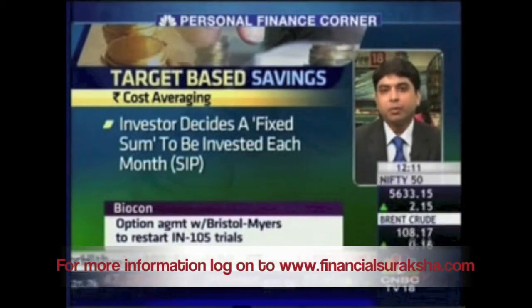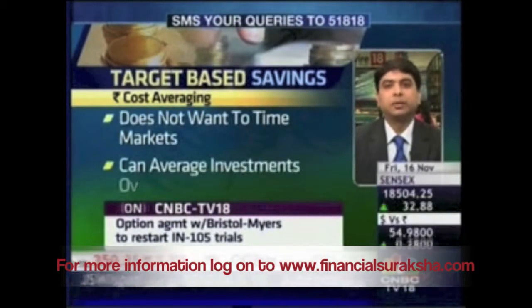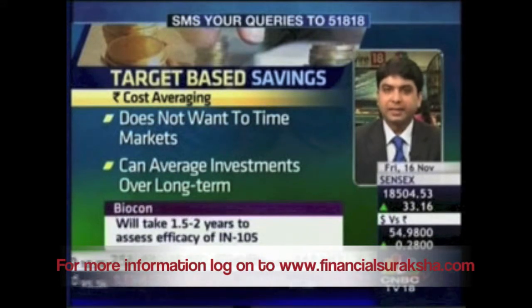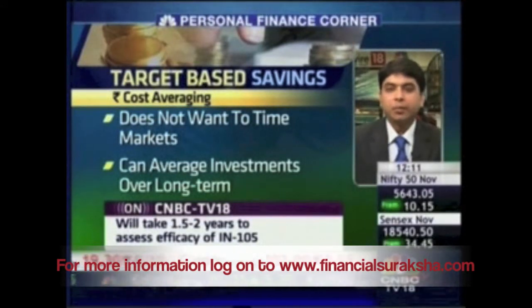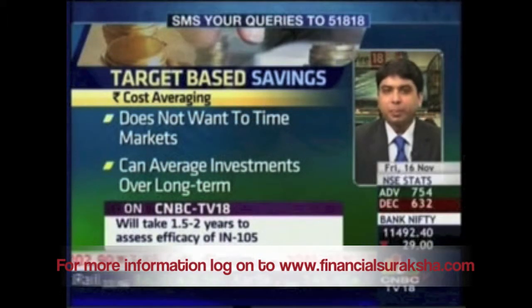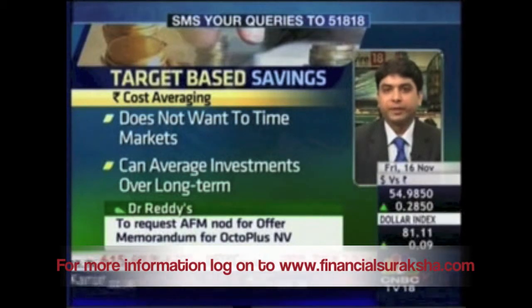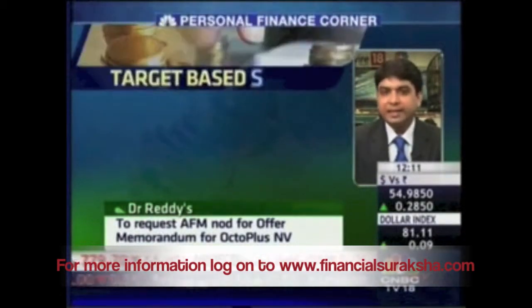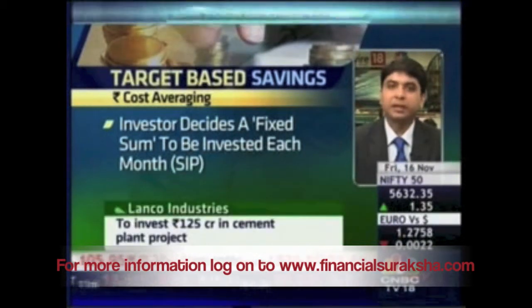Now, what happens in this situation is that he invests every month. He gets a particular rate of return that asset class is going to give him, and he accumulates a corpus at the end of that period. Now, when we go for financial planning, we target an amount that we want to achieve after a particular amount of time. In that exercise, we discount the target with a particular rate of return.